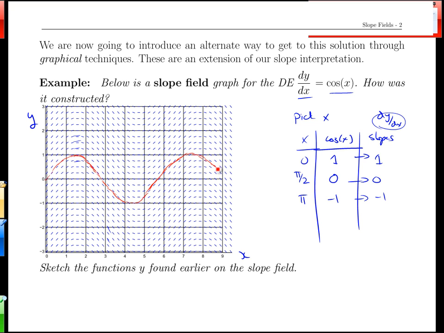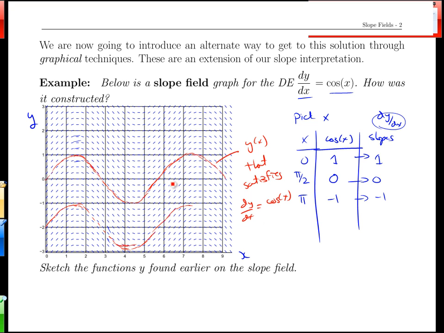Now it's a little loose because we're trying to infer between these lines what's happening, but we could also draw another one down here, for example. And so on. What we're sketching here is the graph of y of x that satisfies the slope field, or satisfies the relationship dy dx equals cos of x.